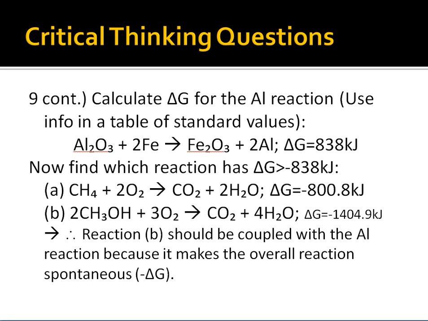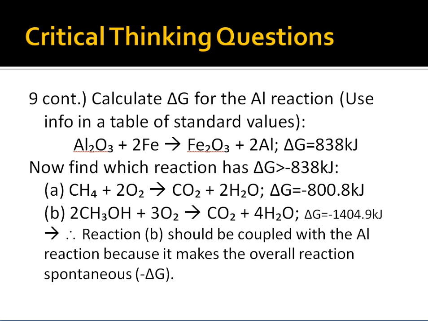The initial aluminum reaction, the change in G was 838 kilojoules. Now we have to find which reaction has a change in G that is greater than negative 838 kilojoules. So basically, we use the standard values, and remember, products minus reactants.